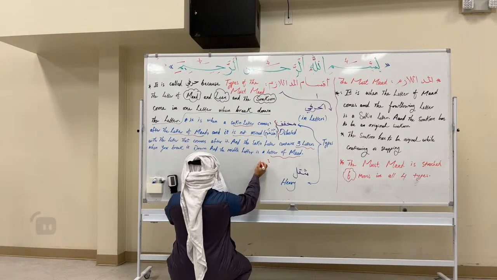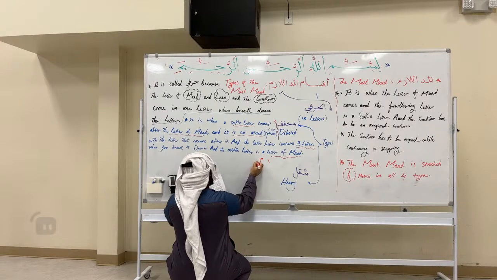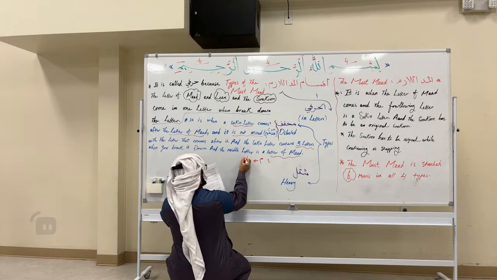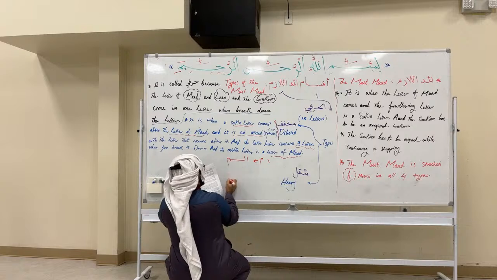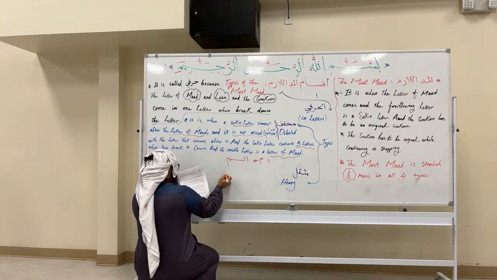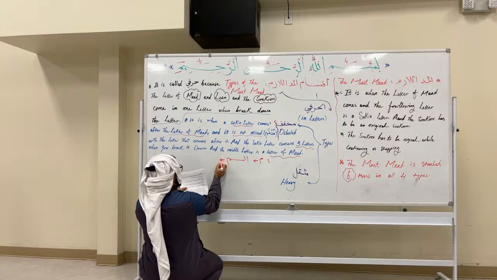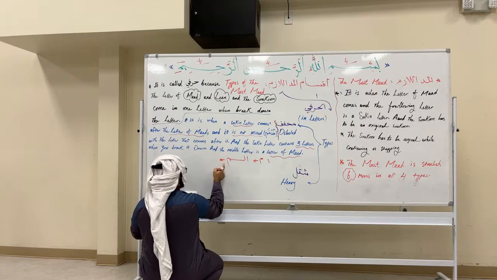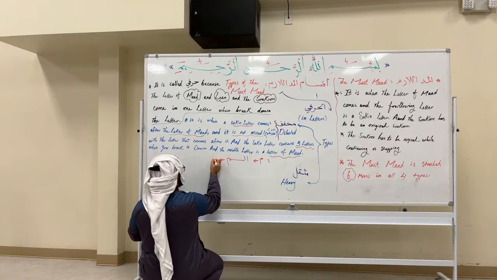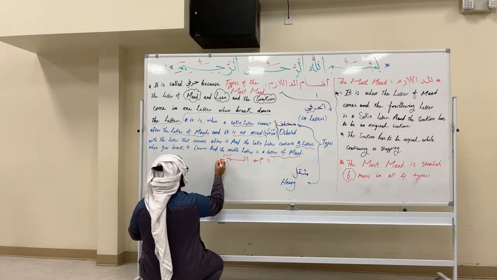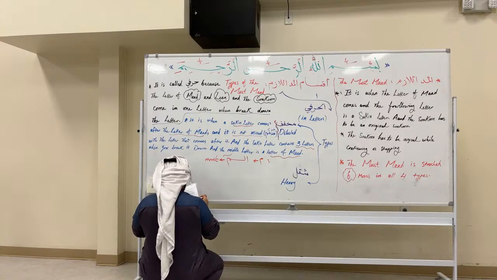For example, if you see, for instance, the meem: alif, lam, meem. You stretch the meem. How many moves do you stretch the meem? 6 moves.